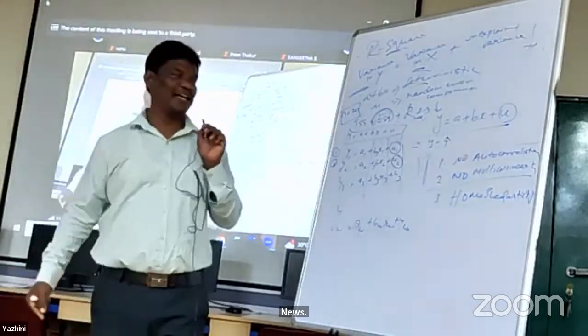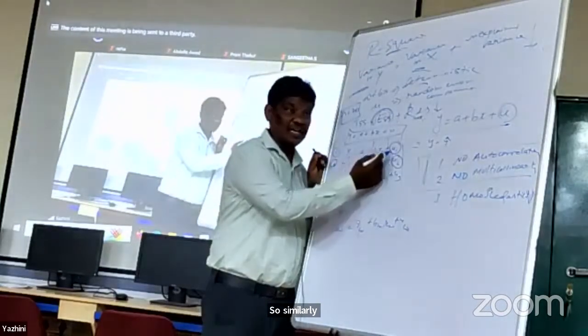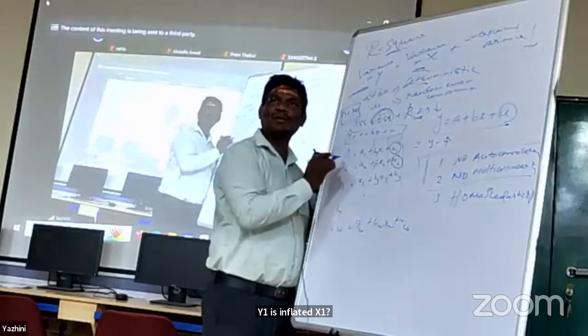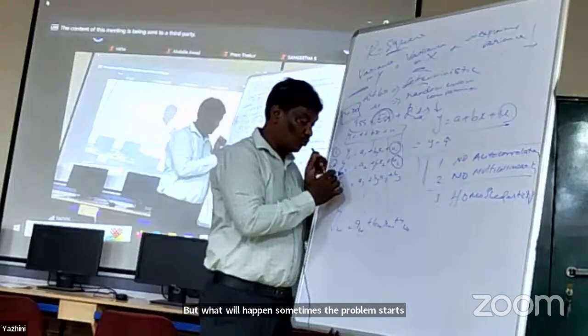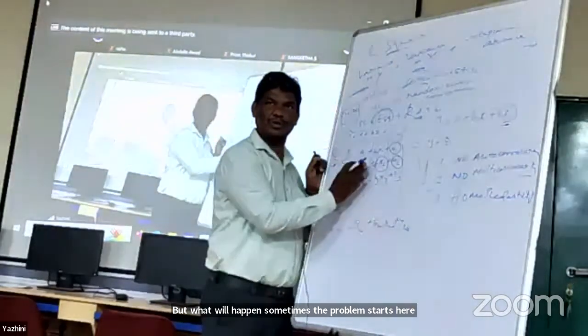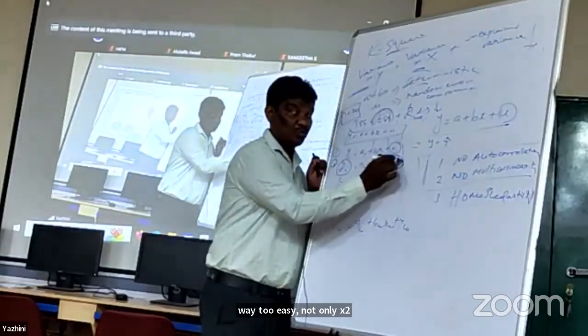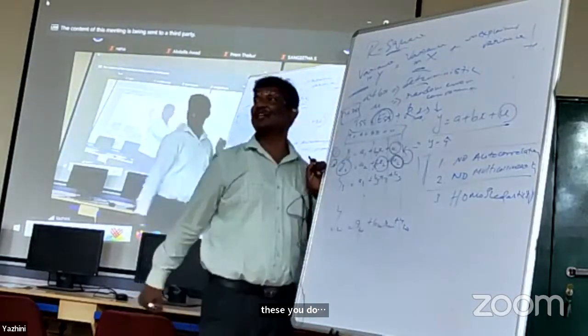So similarly, Y1 is influenced by X1 and also U1. U1 is a part of Y1. But what will happen? Sometimes the problem starts here. Y2 is not only influenced by X2 and U2 as a part of Y2, but this U2 is influenced by U1.